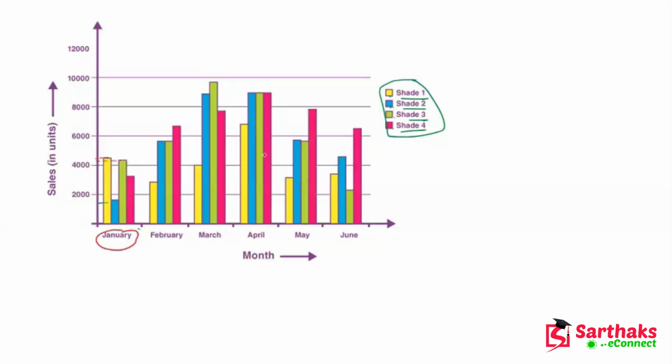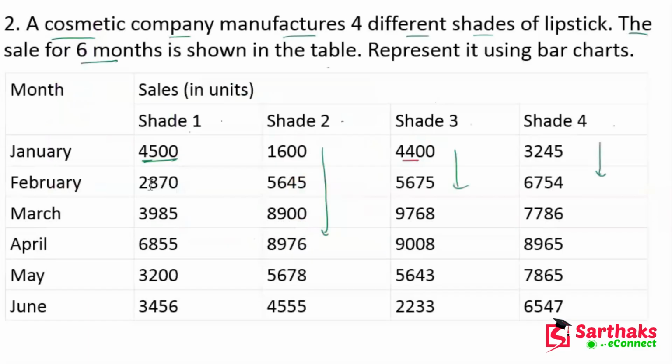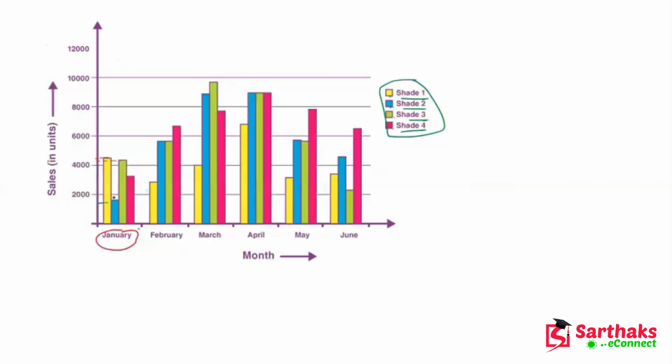And in the month of January, the sale of shade 4 is 3245, so the length of the bar of shade 4 is equal to 3245.